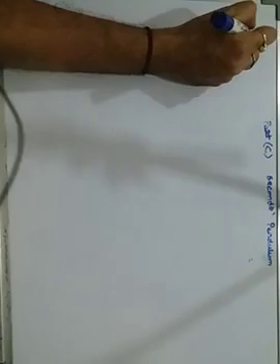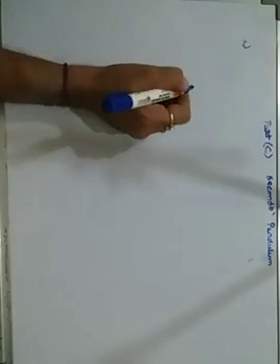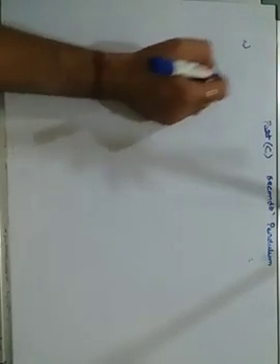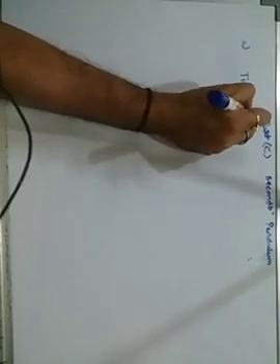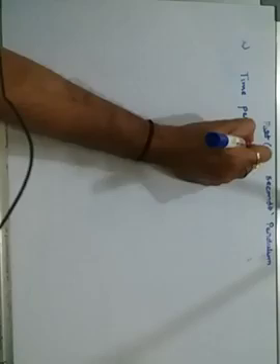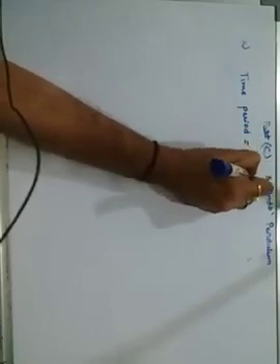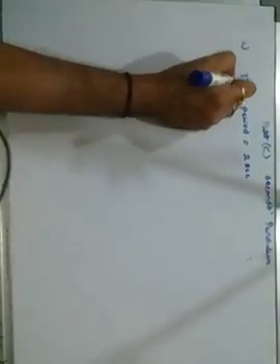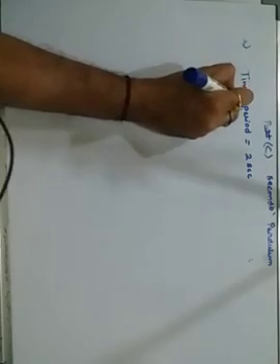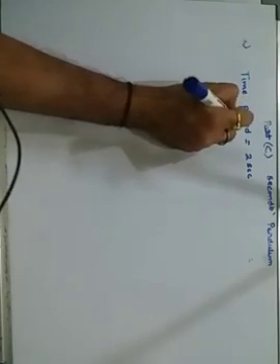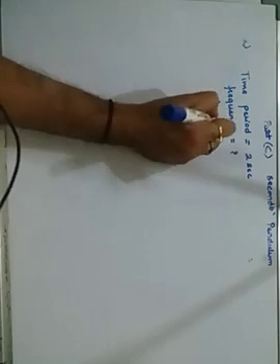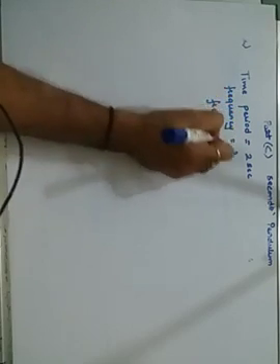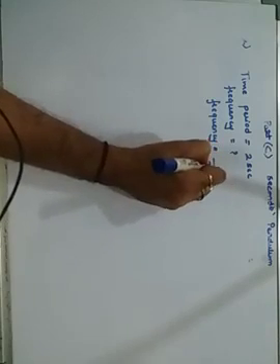Okay, the second question: the time period of a simple pendulum is 2 seconds, and we are supposed to find the frequency. The formula is frequency equals 1 upon the time period.